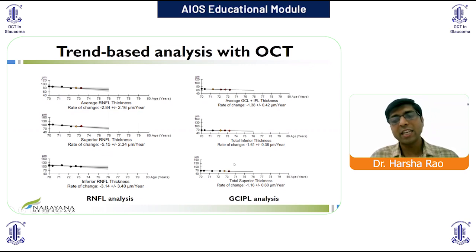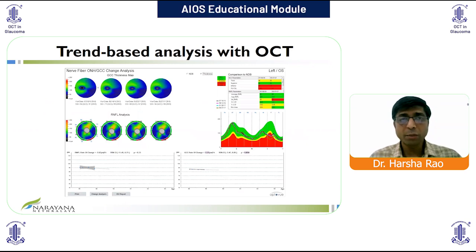Similar with the GCIPL thickness, be it the average, be it the inferior or the superior GCIPL thickness. Most of the OCT machines use trend-based analysis. Here is the trend-based analysis report of the RTVue OCT, which gives us the RNFL rate of change and the GCC rate of change in graphs.